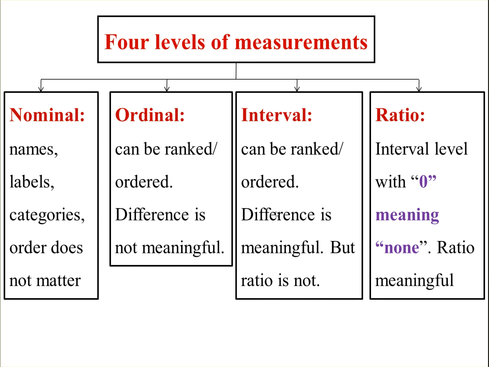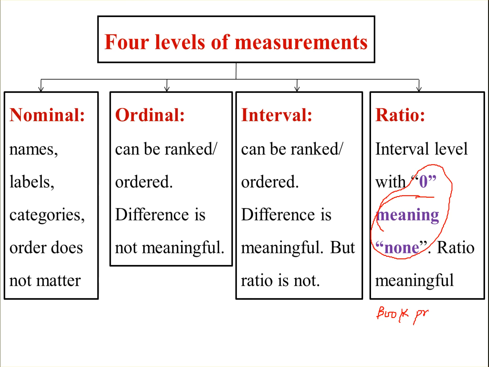So that's the interval. And for the ratio, it's very easy to identify. It's a number, with 0 meaning none. 0 means no such thing. There's none. For instance, the book price.